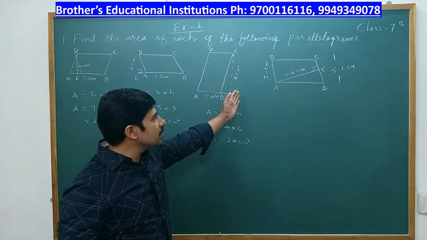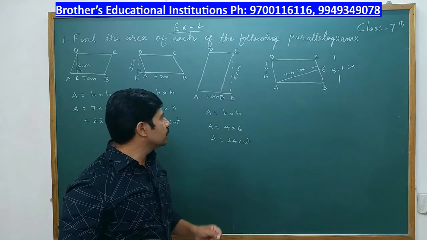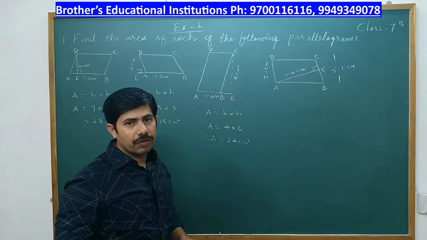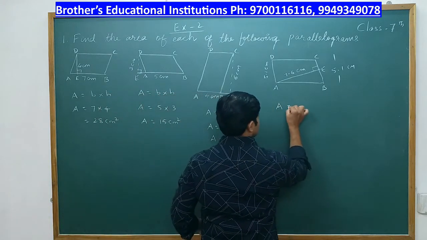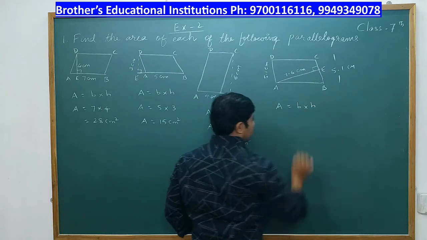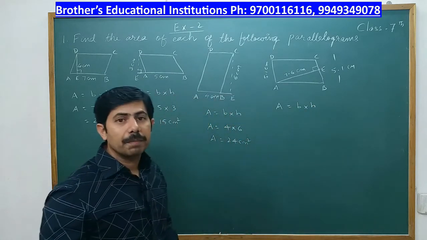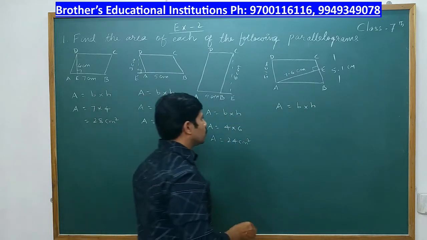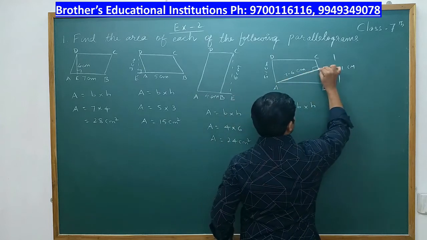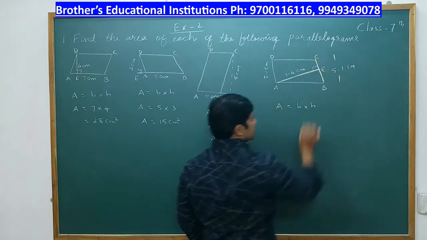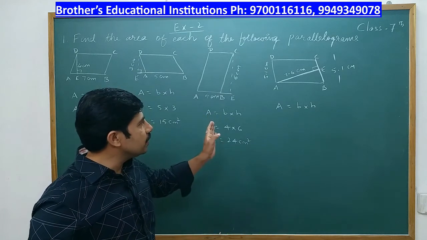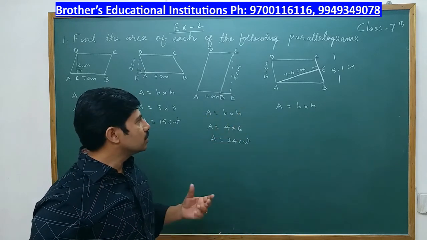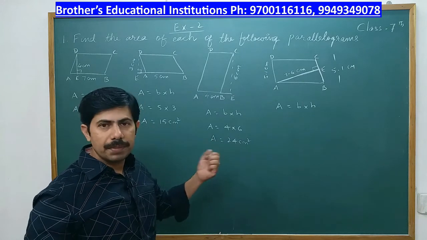So AD is opposite and parallel to BC. So we say BC is also 5.1 centimeters. Now what is the area of the parallelogram? Area is nothing but base into height. Remember, altitude is always perpendicular to the base. So if this is an altitude, BC will become the base. Here not AB is the base. Here as the altitude is given towards BC, we say BC is the base.